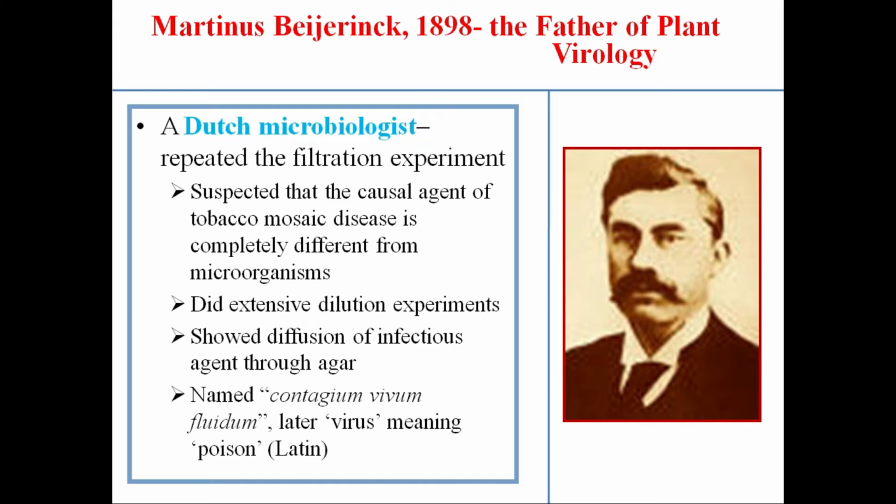He repeated the filtration experiment, and after doing so, he suspected that the causal agent of tobacco mosaic disease is completely different from microorganisms. So this conclusion was phenomenal at that time. That indicated that there is something which is not bacteria and fungi but causes diseases.